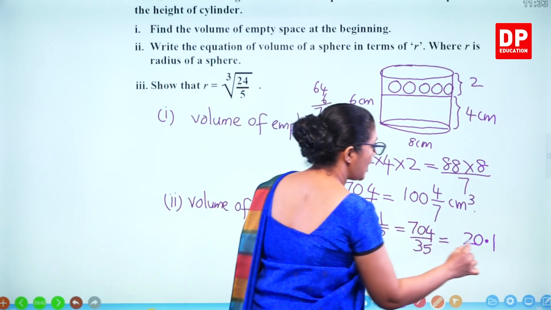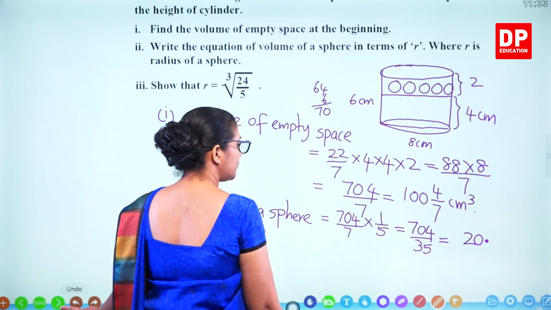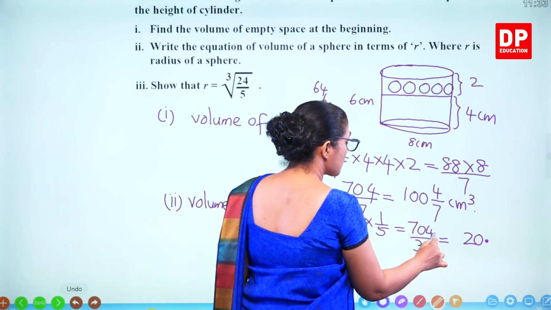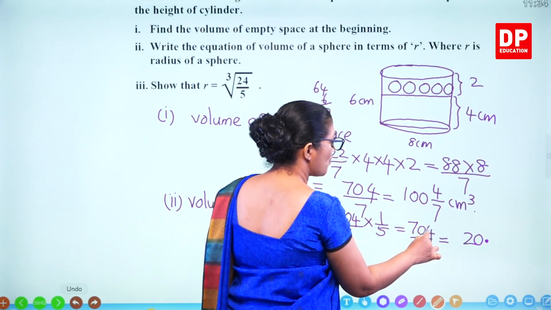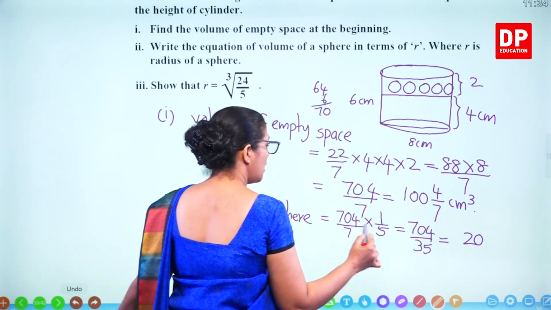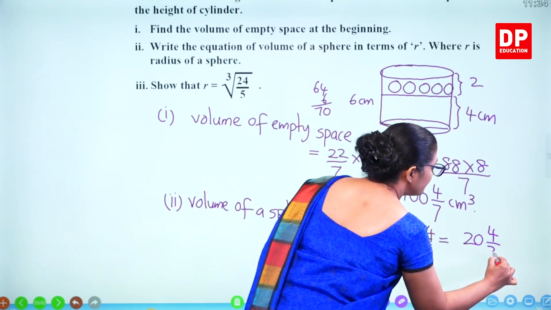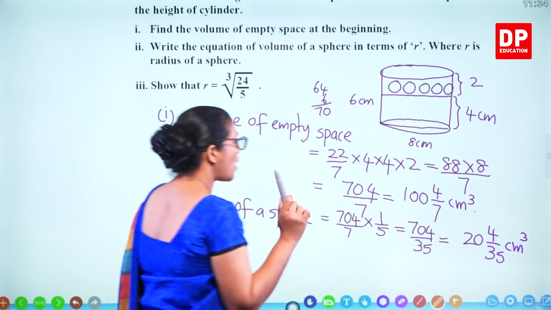For 50, again 1. Or you can write as a fraction. So you get 20 and 4 over 35. So that's the cubic centimeter, that's one sphere.